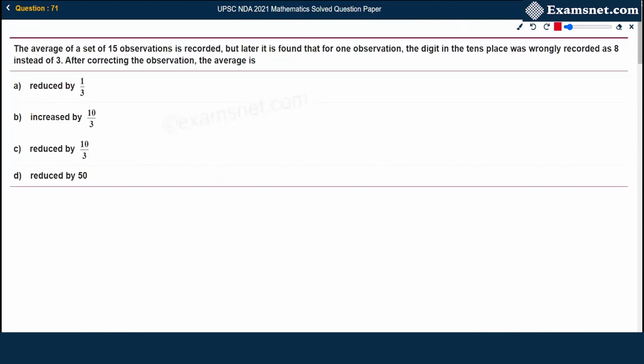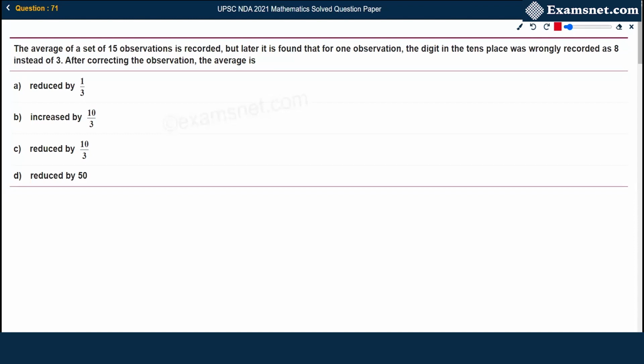In question number 71, it's given that the average of a set of 15 observations is recorded. But later it is found that for one observation, the digit in the tens place was wrongly recorded as 8 instead of 3. After correcting the observation, the average is.